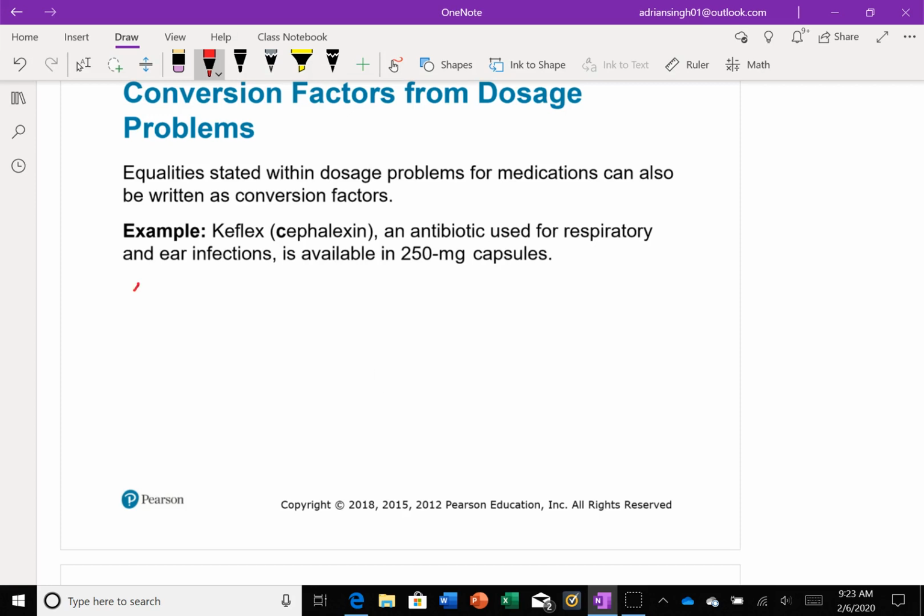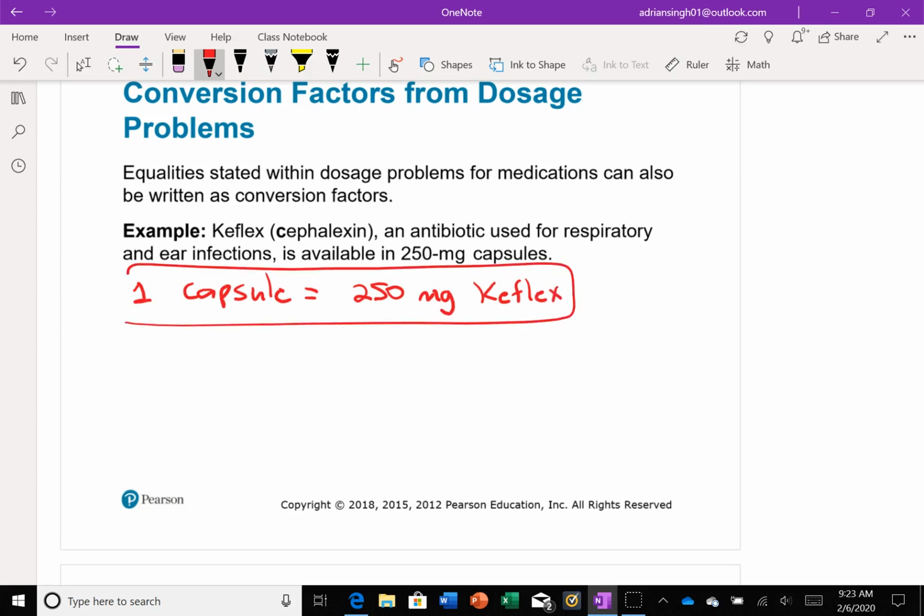So we can say then that 1 capsule is equal to 250 milligrams of our Keflex. Right, that's an equality. And then we have our 2 conversion factors, 1 capsule containing 250 milligrams of the Keflex, and then we just simply flip that on its head.